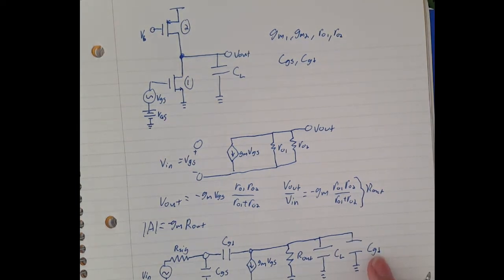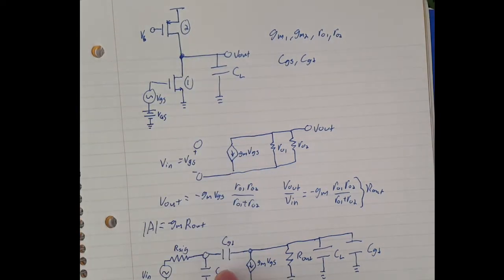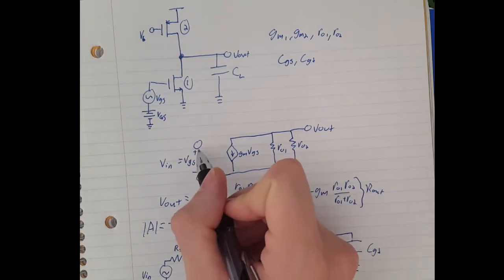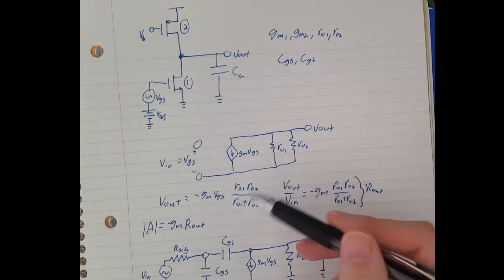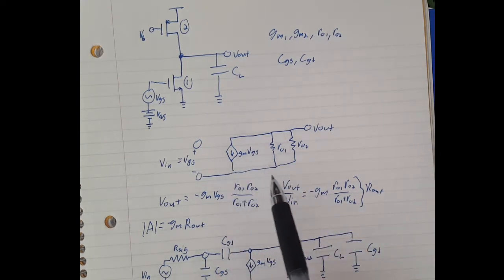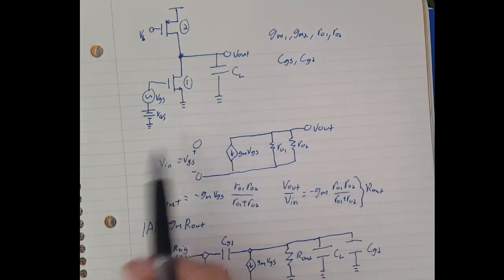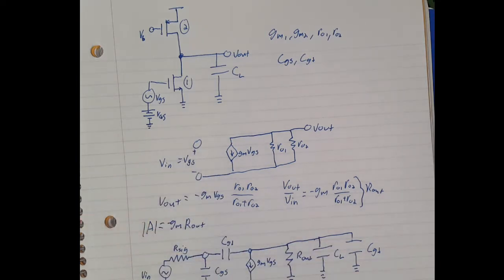And this CGD is just because when we put this in small signal, you can imagine a CGD being right here, because a PMOS is the same as the NMOS, high frequency, low frequency, it's just upside down. And going from the low frequency model to the high frequency model, you just need to add your capacitors in here, and you add an R sig because now there's a path.